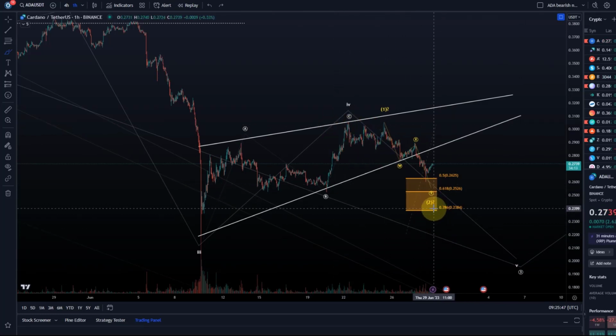As long as it's holding 23.8 cents, the yellow count has a chance. But the yellow count will definitely lose control completely below 23.8 cents. As long as it's holding that, which is a 78.6 retracement level, the bulls definitely have a chance. There's always a chance, and we can point out these potentials, but obviously it's too early to confirm.